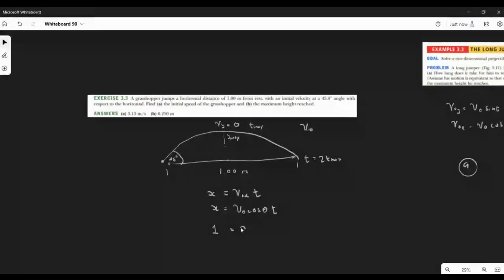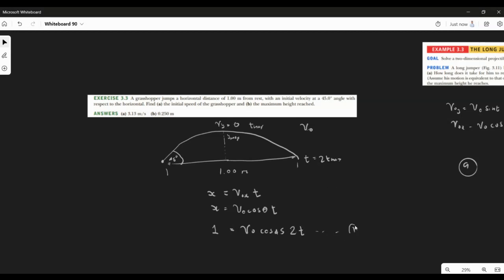We don't know the initial velocity, but we know the angle is 45. Remember for projectile motion, the time of flight will be 2 times T max. I'll just call it 2 times T. It still means the same thing. I hope you guys get that.